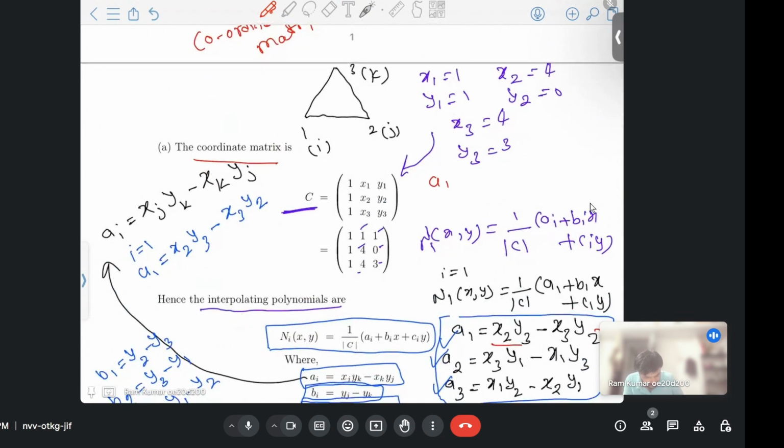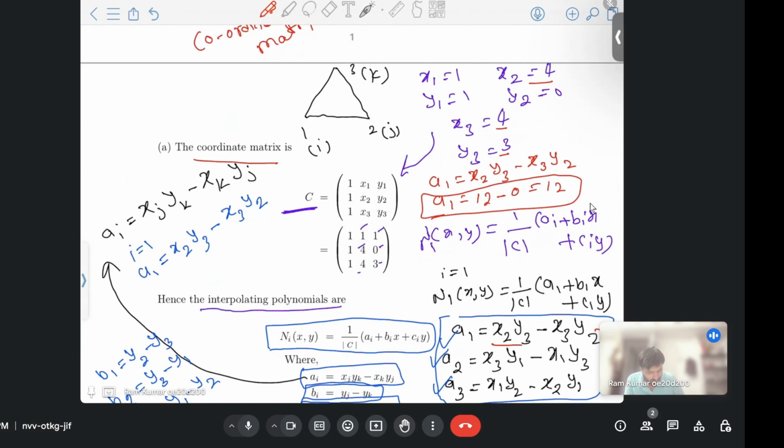So a1 equals 4 times 3, which is 12, minus x3 y2. x3 is 4 and y2 is 0, so it will be 12 only. So we got a1 equal to 12.